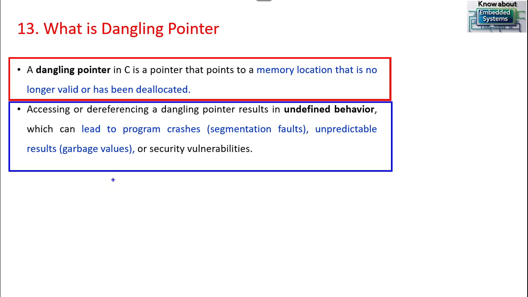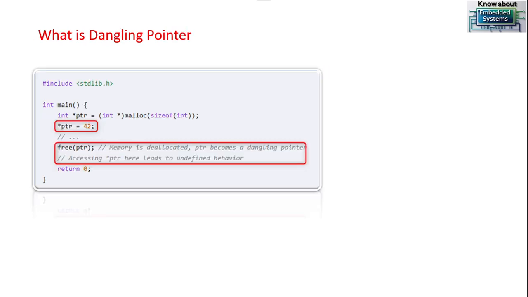Okay, so I'll show you one simple code snippet of how a dangling pointer behaves. I have taken an example of dynamic memory allocation. I have created one pointer, star ptr, which is going to take the memory location allocated by malloc.